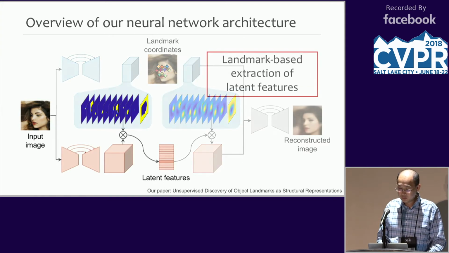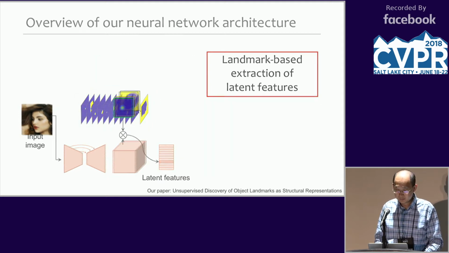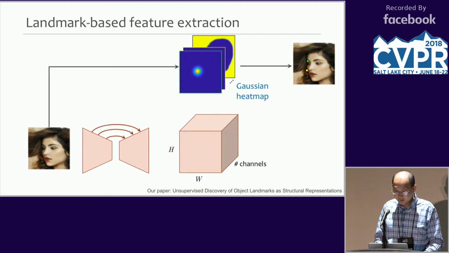Now let's move on to the landmark-based extraction of the latent features. Our key idea is to perform a weighted average pooling around the landmarks using differentiable masks. In more detail, we extract a convolutional feature map from the image. Then for every landmark, we take its corresponding Gaussian heat map as the mask for the average pooling.